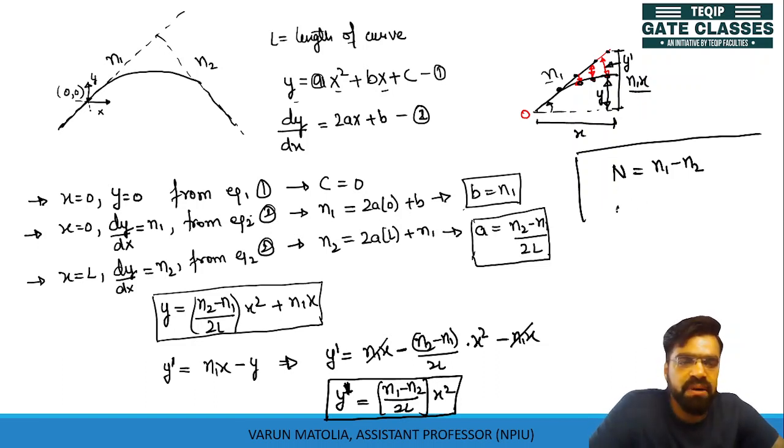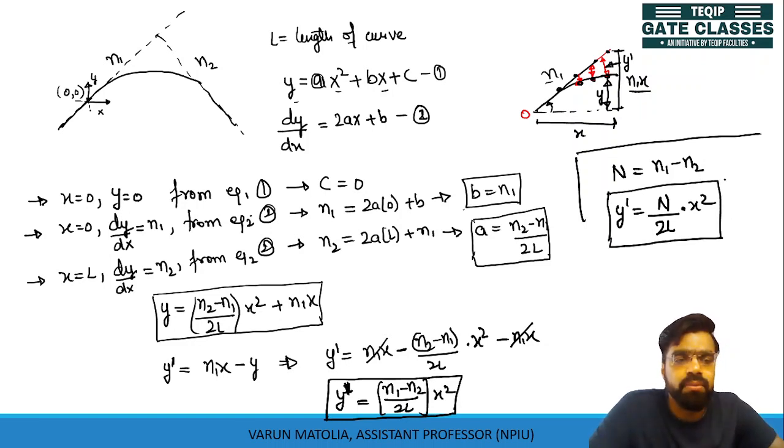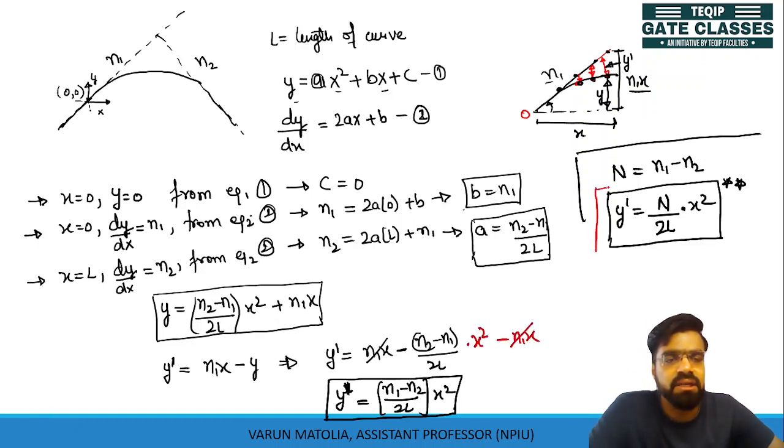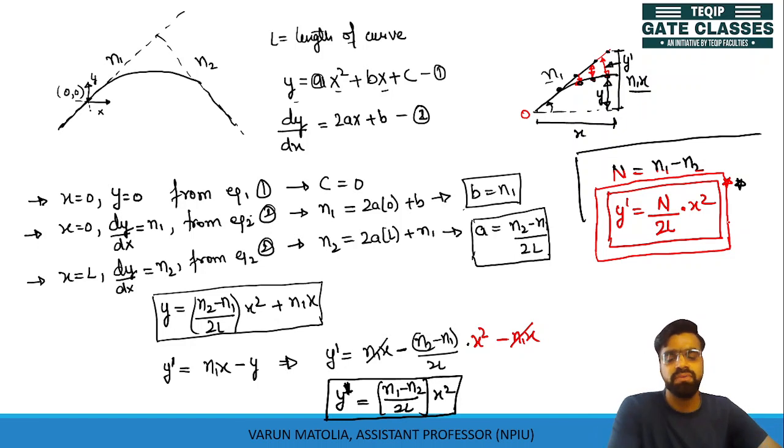So we can simplify the equation: y dash is equal to n by 2l into x square. This is the equation of your parabola. This is a very important equation. You should remember this so that you can find various other characteristics of this summit curve. Go through this derivation once and see what we have done to reach the solution.